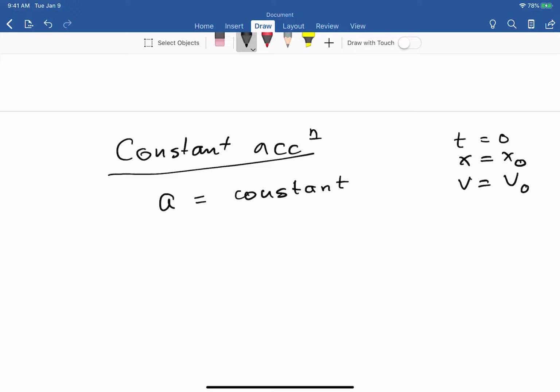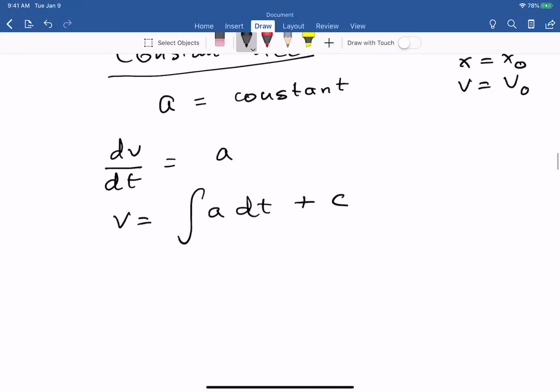All right, so we know that a is constant, so let's use the definition of acceleration. dv/dt is equal to the acceleration. So dv/dt equals a constant, which means that v is equal to the integral of this constant plus a constant of integration. So if a is a constant, you can pull a out of the integration.